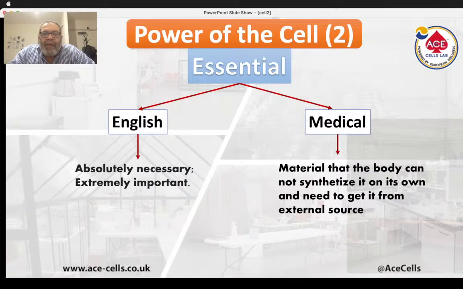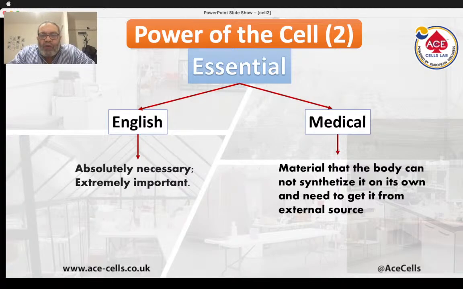So it should be supplied to our body in a parenteral way to avoid digestion in the stomach. This is a very obvious and famous example for the word essential: a material the body cannot synthesize.